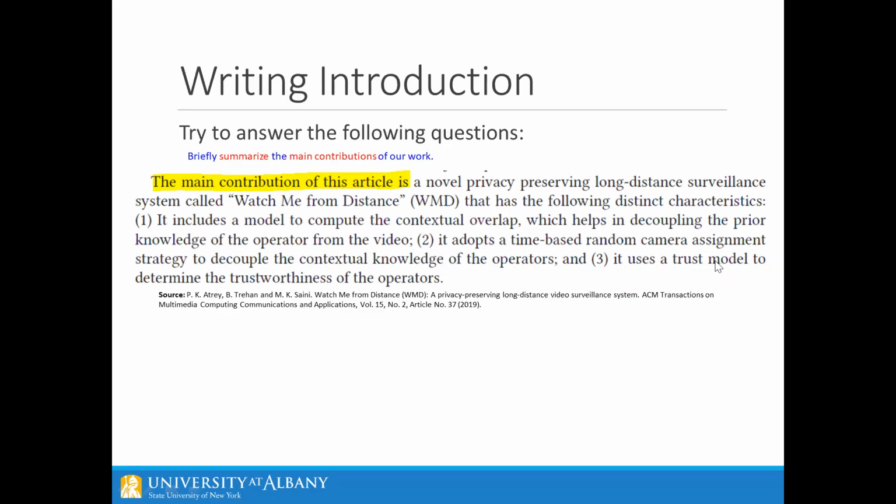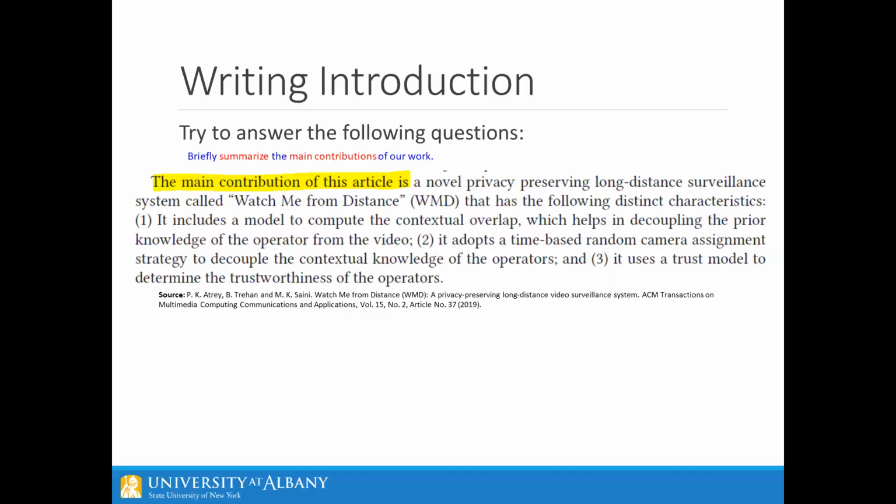So let's say in your capstone project, you are proposing a system or an application which has different distinct characteristics, you can actually mention it like that. The main contribution of your work is a mobile application called this, which has the following distinct characteristics.